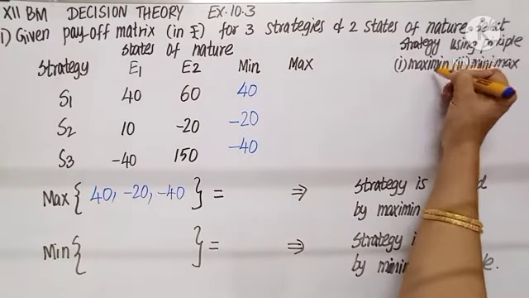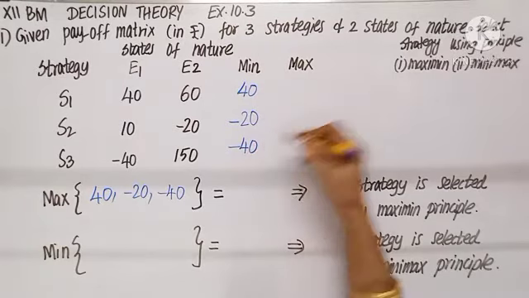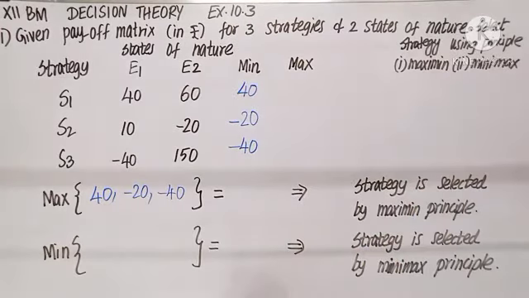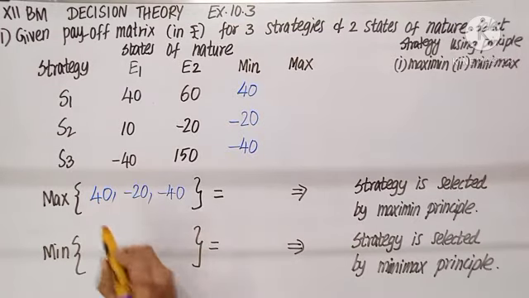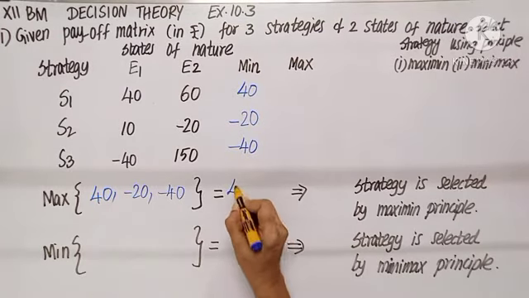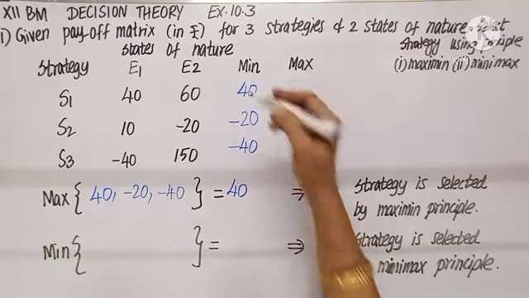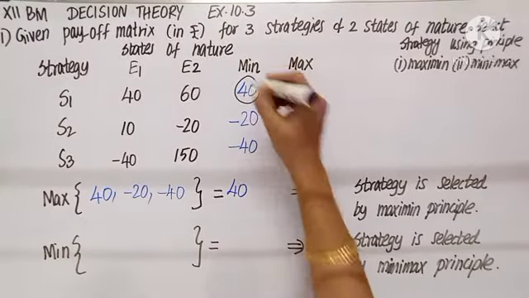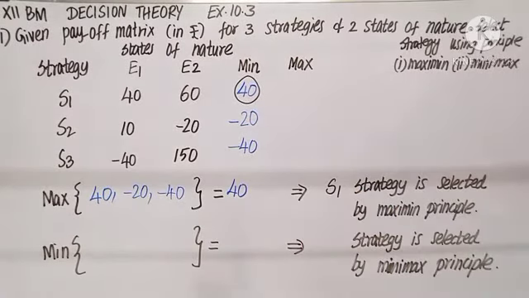So first priority I did the minimum, and out of that minimum, choose the maximum. So 40, minus 20, minus 40: the maximum is 40. That tells me I have to choose S1. So strategy S1 is selected by the maximin principle.